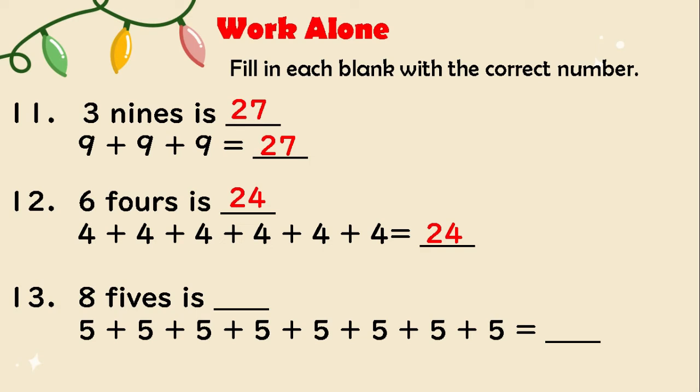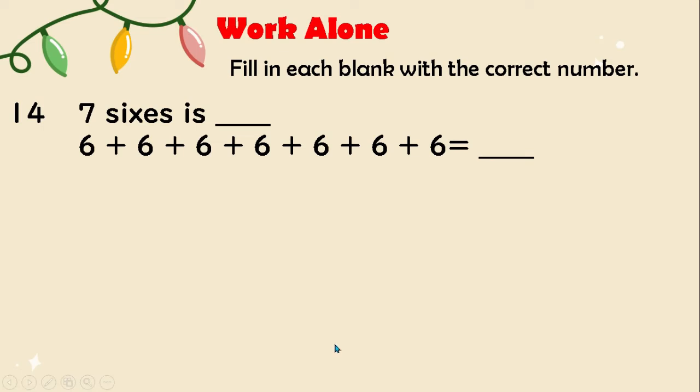For number 13, 8 fives is blank. The answer is 40. Very good. So for the addition sentence, we have 5 plus 5 plus 5 plus 5 plus 5 plus 5 plus 5 plus 5 is equivalent to 40. Very good. For number 14, 7 sixes is equivalent to 42.